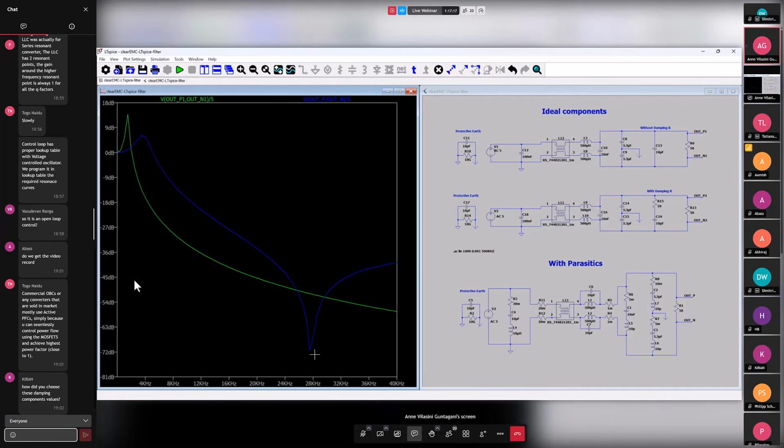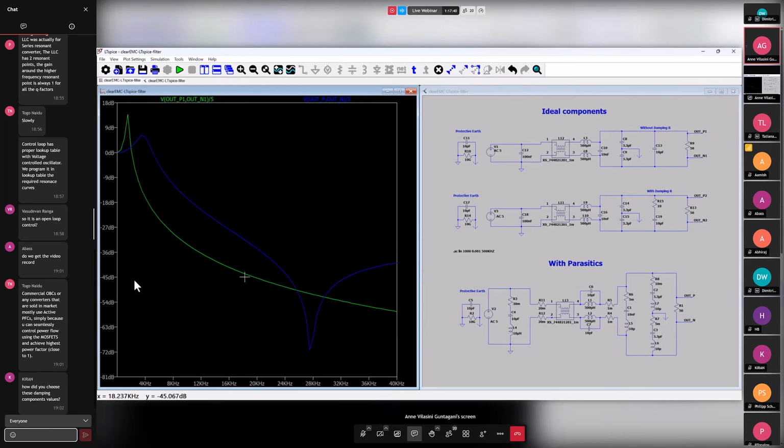Of course, there's a small notch here and it drops. At around 28 kilohertz, there is a notch. This is because of the output capacitor resonating with its own inductance. After this frequency, it behaves as an inductor, and then you can see the attenuation is collapsing.